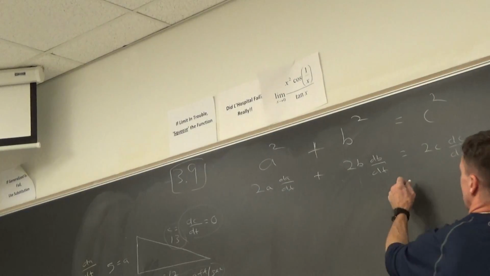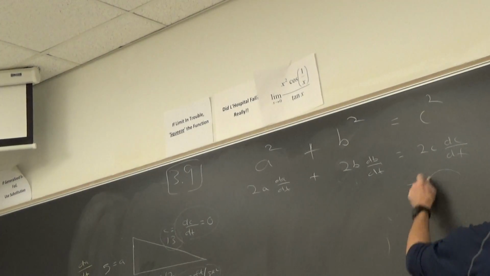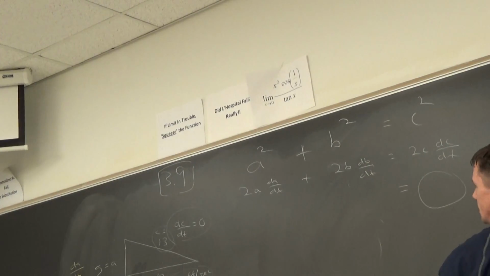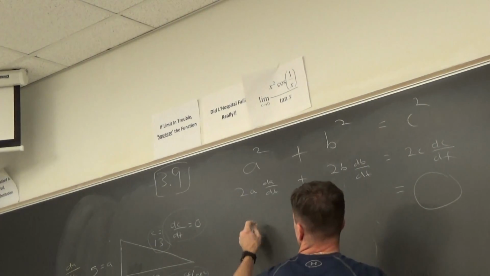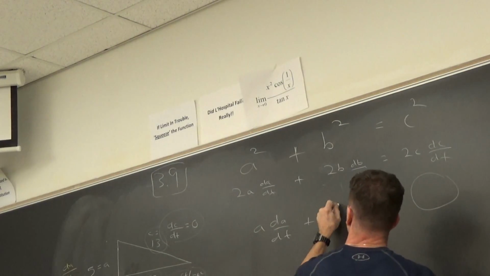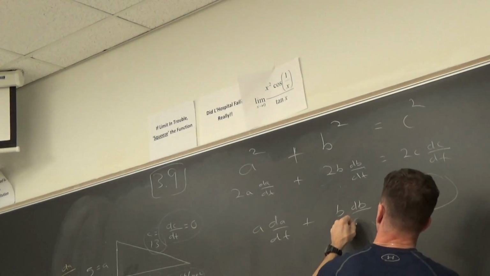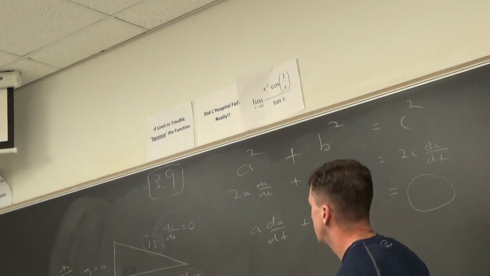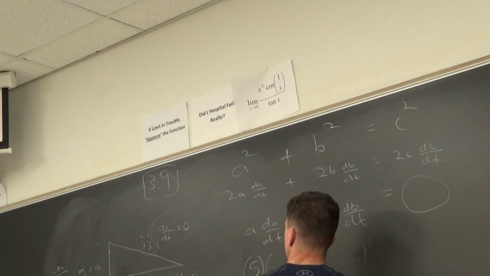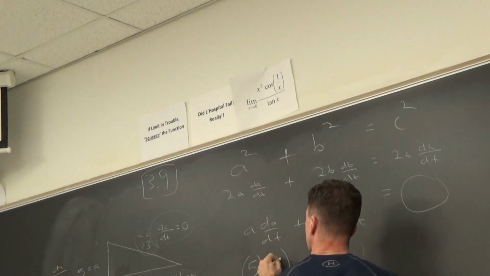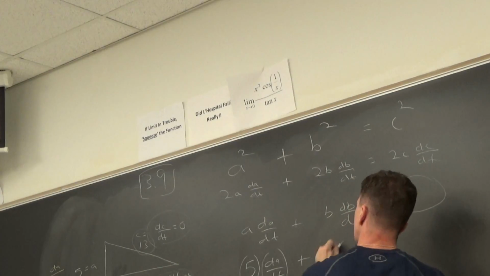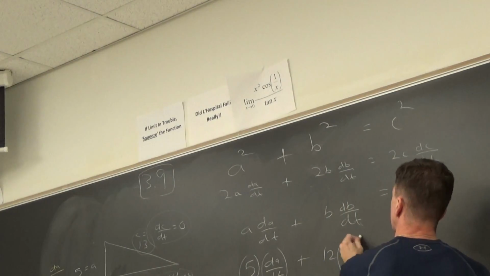Did everyone see what happened over here? Because dCdt is 0, that's why. Now, I do like to take these 2's off, so I think I'll write it like this. That's 5, that's dAdt, that's 12, that's 2.